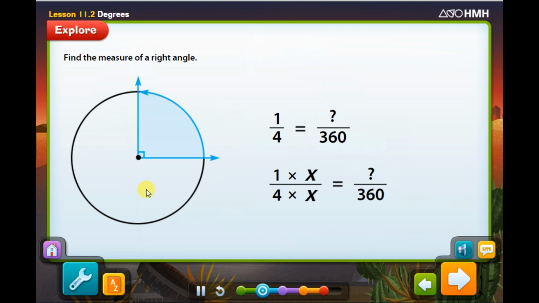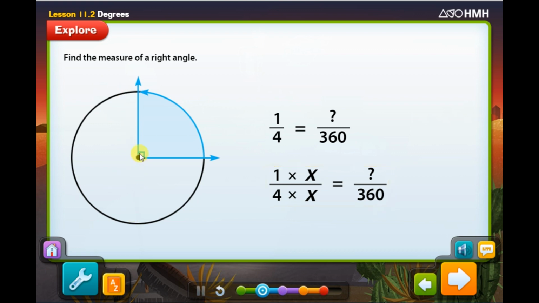Remember, we can find a fraction equivalent to 1/4 by multiplying both the numerator and the denominator by the same factor. Okay, let's review again. The right angle is the angle of a square. So if you want to make a right angle, make one horizontal ray and one vertical ray.